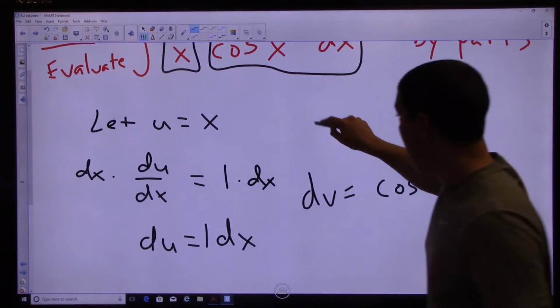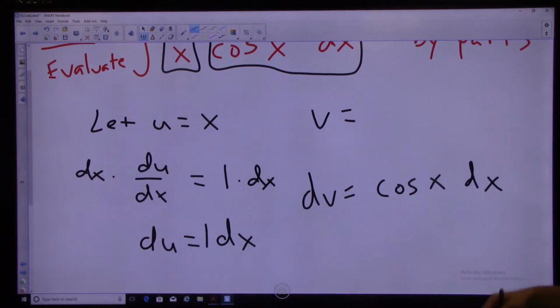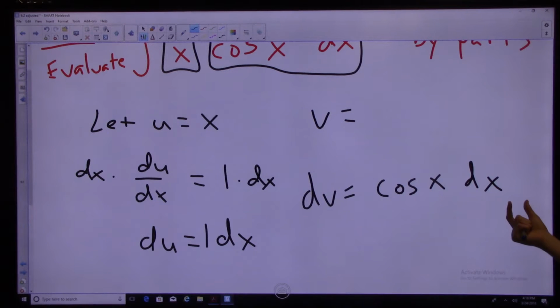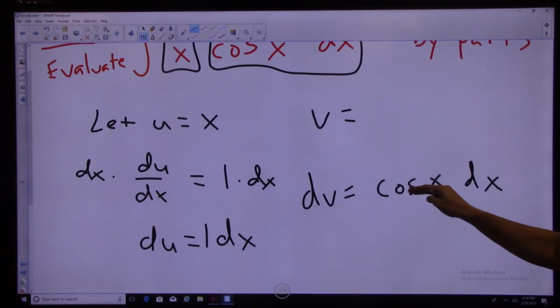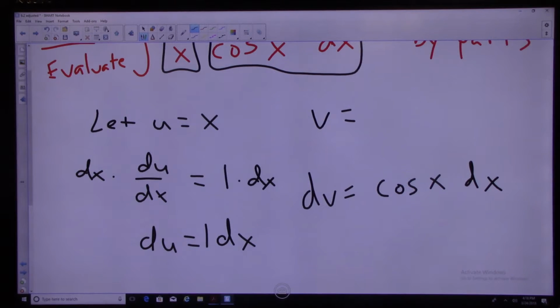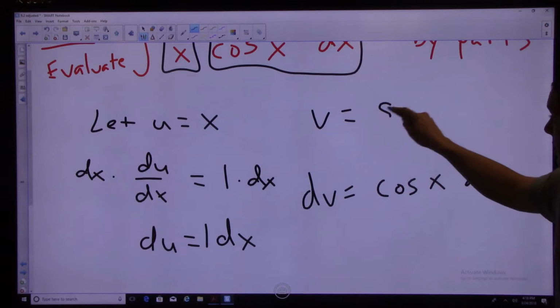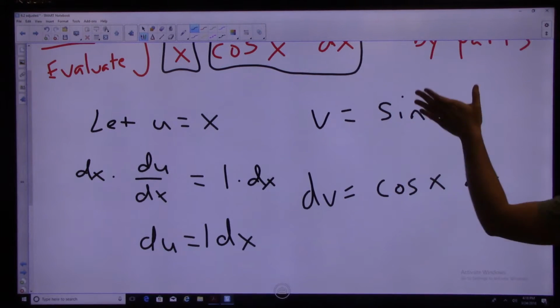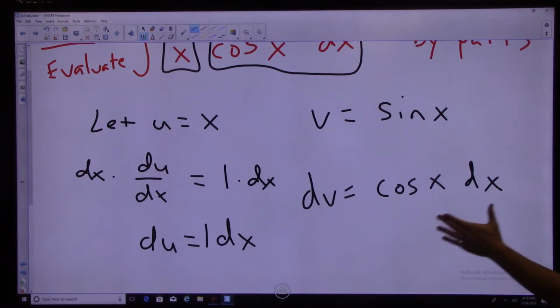Now, we also want to figure out what v is, so we're going to go backwards to get v. Remember, dv is the derivative of v, and that's equal to cosine x dx. So if I want to go backwards, you need to think, what's the antiderivative of cosine? What, if I take the derivative of it, will give me cosine? The answer is sine. If I take the derivative of sine, I get cosine x.